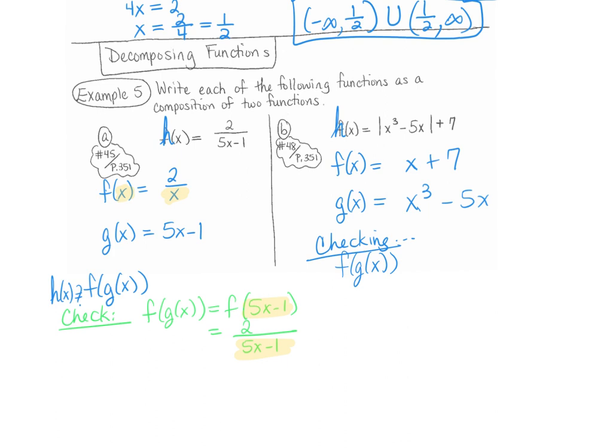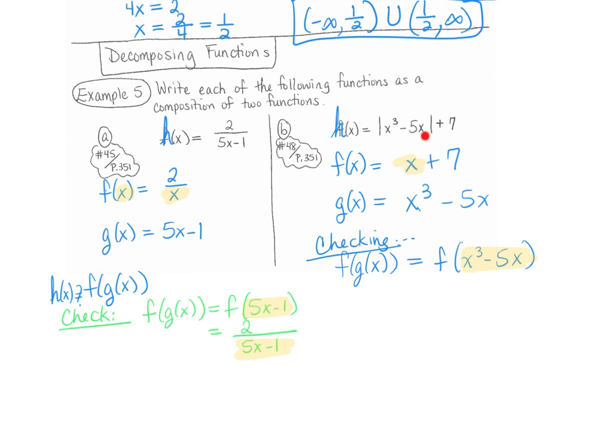So here, if we're checking, we would put in g of x first. So we would have f of x cubed minus 5x. Whenever we substitute in x cubed minus 5x here, hopefully we'll get this.